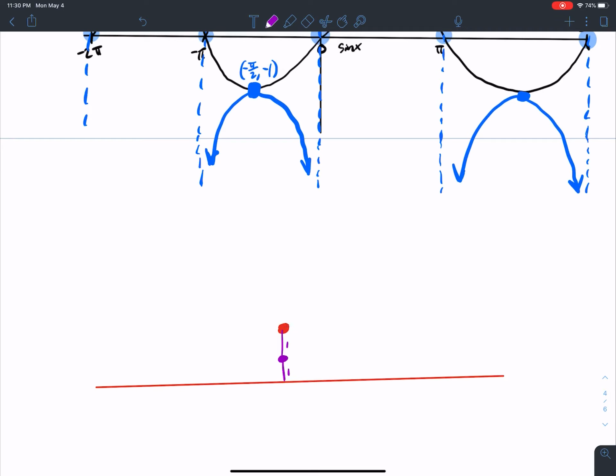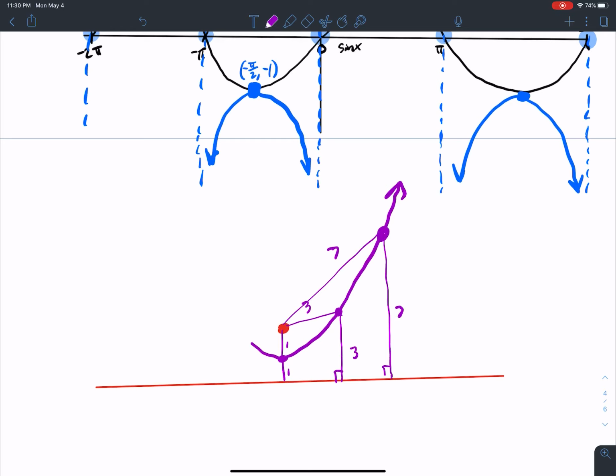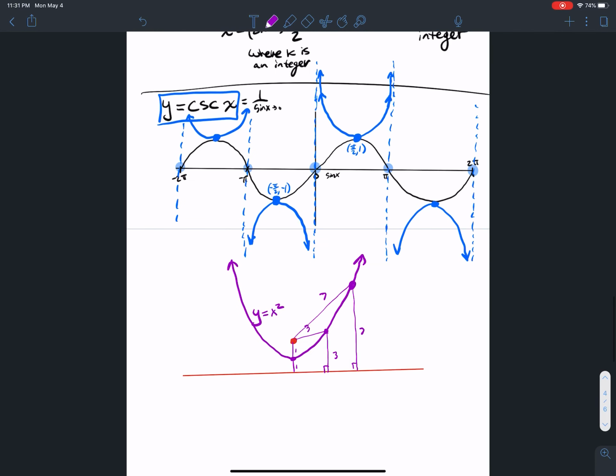Maybe this lines up a little better. So the parabola is the set of all points where you're equidistant. That would be like y equals x squared, which is very different from what we have going on up here.